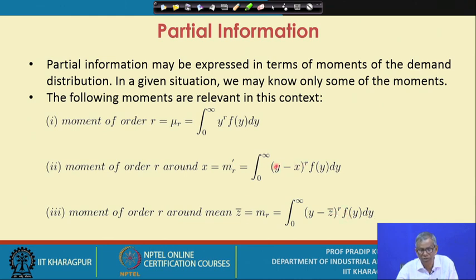The same definition we have followed, except x is replaced with z bar. So you call it moment of order r around mean z bar. I think it is clear.